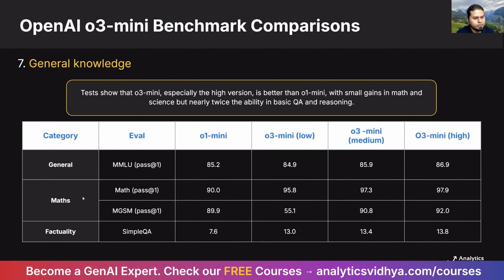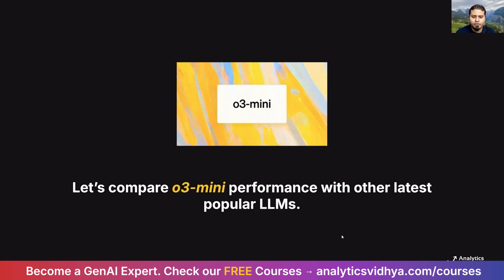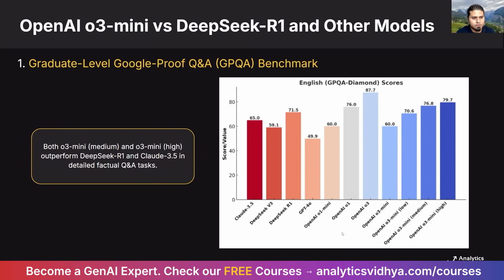And in terms of general math and factuality based reasoning and question answering, o3-mini does pretty well all around. And this is definitely interesting to see that it performs even better than o1-mini in many of the areas. Now let's compare o3-mini performance with some of the other latest popular large language models.